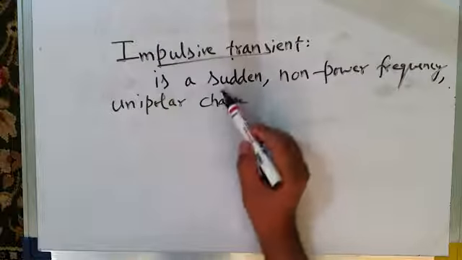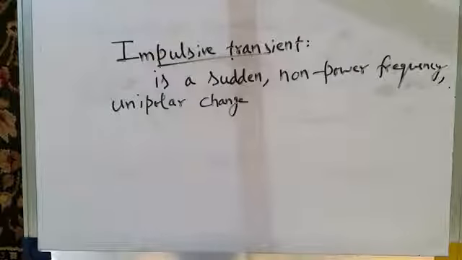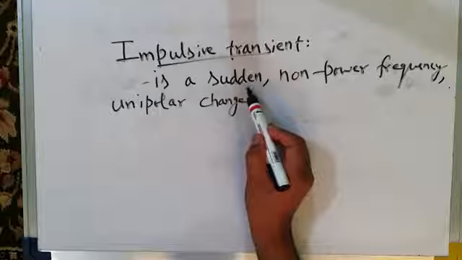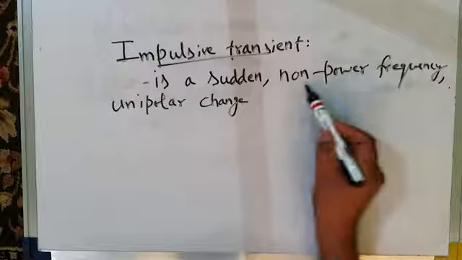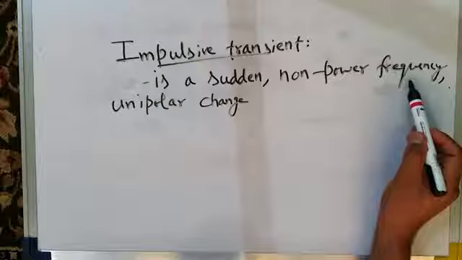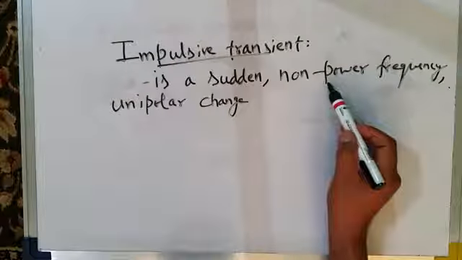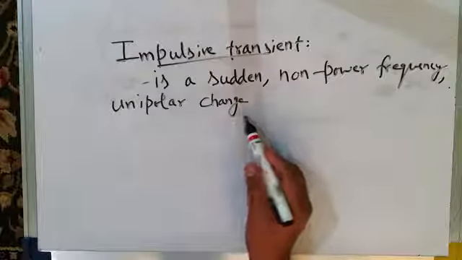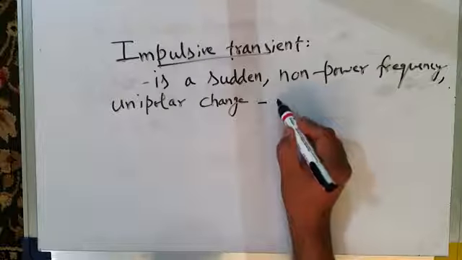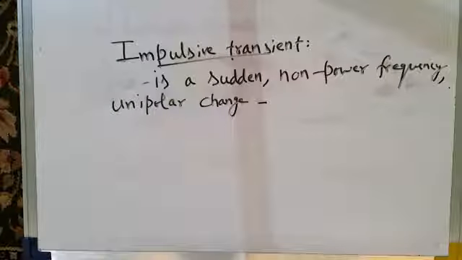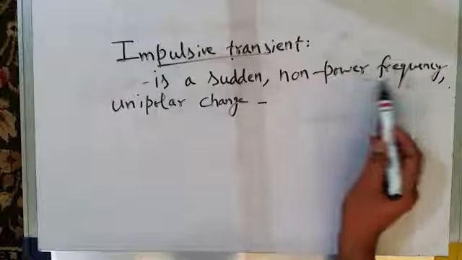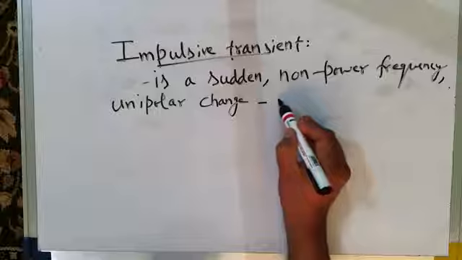So for example, if you take the impulsive transient in voltage, the voltage may suddenly rise, and it will be a non-power frequency rise in the voltage. It will not be a 50 hertz rise in the voltage, and it will be a unipolar increase in the voltage. Okay, now the question is, it is a sudden non-power frequency unipolar change.